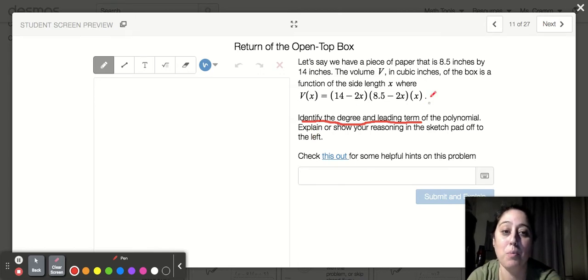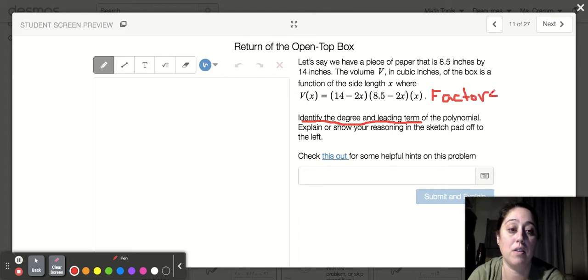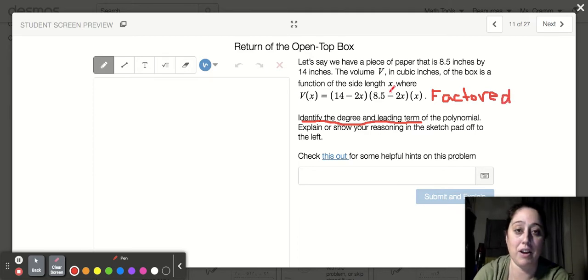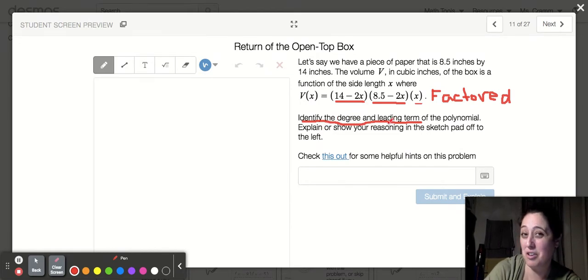Okay, I hope that you said factored form. So we're just going to say factored form, right? And that's because in each of these parentheses, that's a factor. That does not tell me, though, the degree that it is or the leading term.